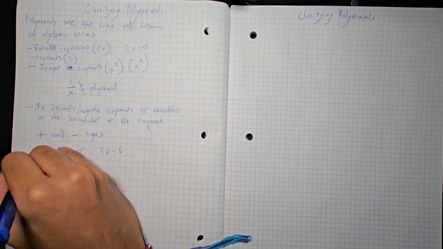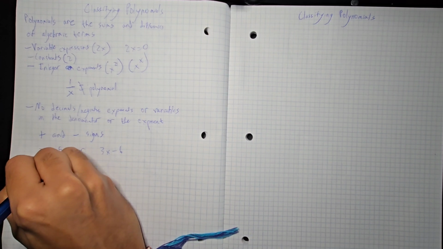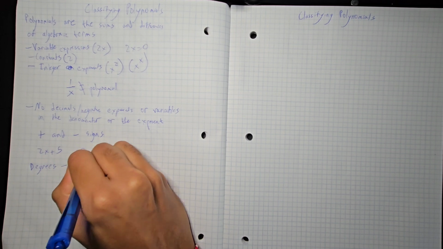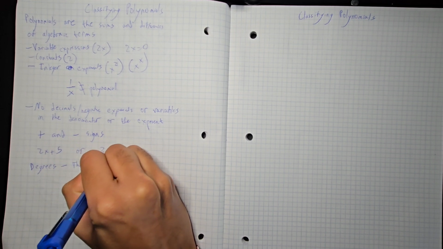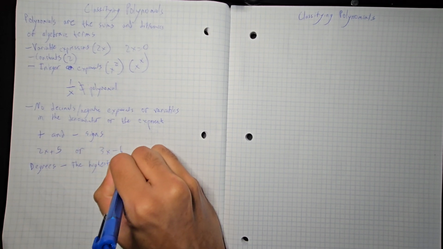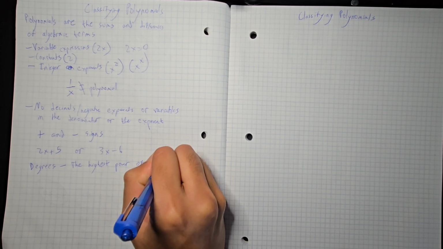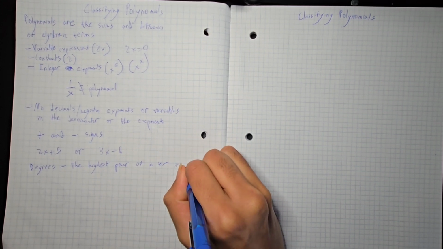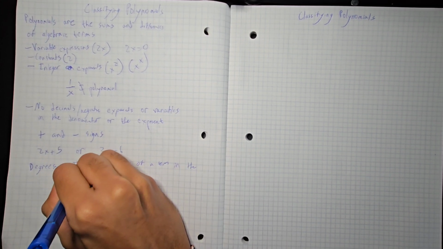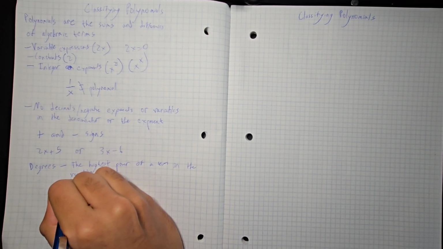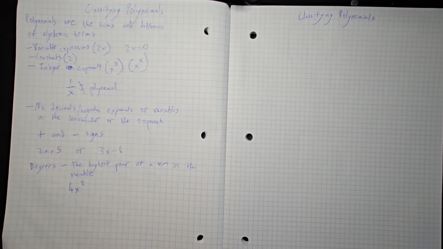And let's talk about degrees. Degree is the highest power of a term in the variable. So if we had 4x squared.